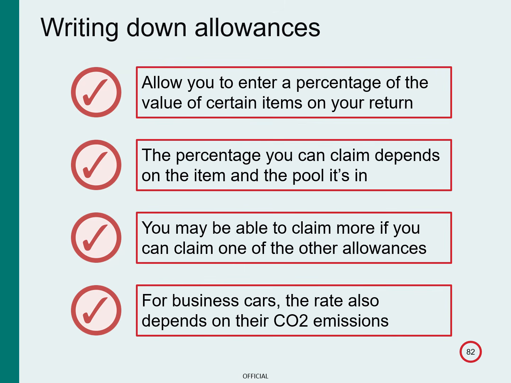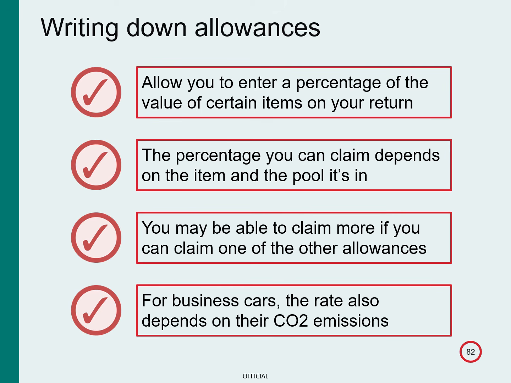Writing down allowances let you enter a percentage of the value of certain items on your tax return. The percentage you can claim depends on the item and the pool they belong in. You may be able to claim more if you can use one of the other capital allowances.